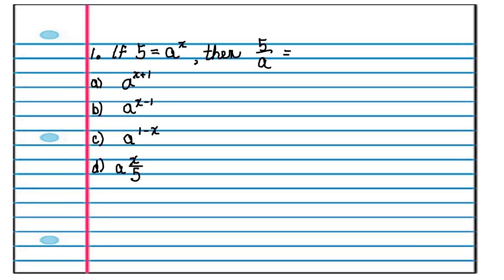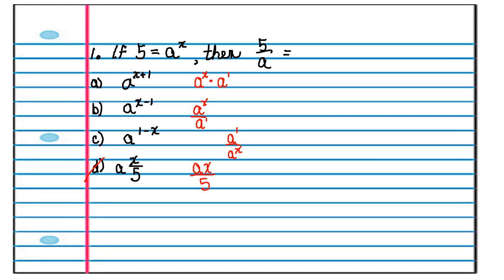In class, we took a look at what was happening with our answers here so that we could see them, and we saw that this one was a^x times a to the power 1. This was a^x over a to the power 1. The next one was a^1 over a^x. And the last one is as it is. And if you wanted to, you could see it as a^x over 5. Both of those mean the same thing.